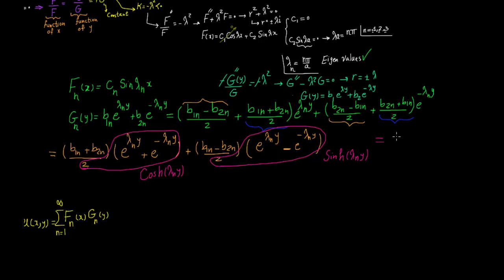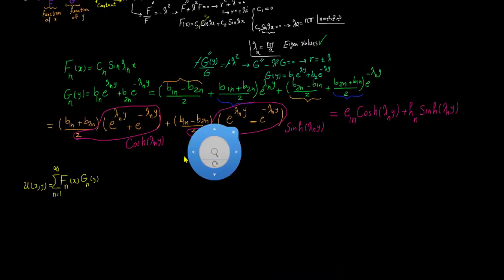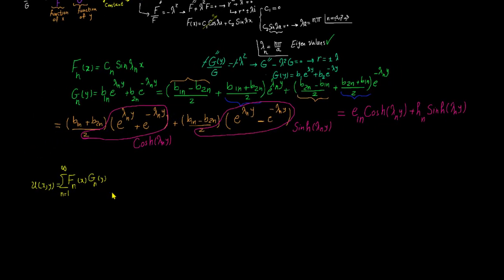I can call it, let's say, E1n times cosine hyperbolic of lambda n y, and the second term is the difference between b1n and b2n. Let's call it hn times sine hyperbolic of lambda n times y. Now we can plug it into this expanded form.